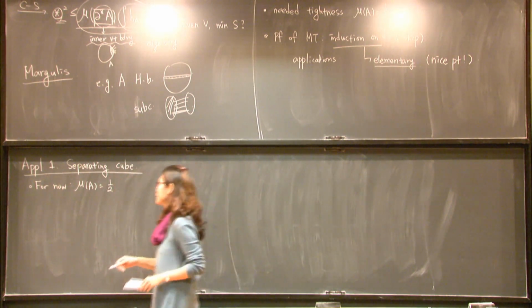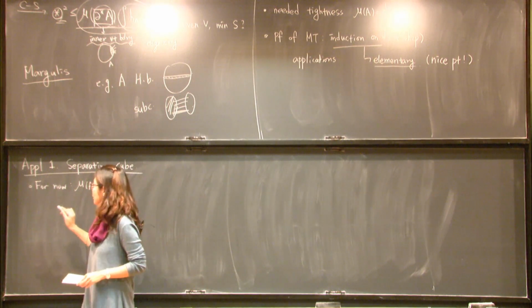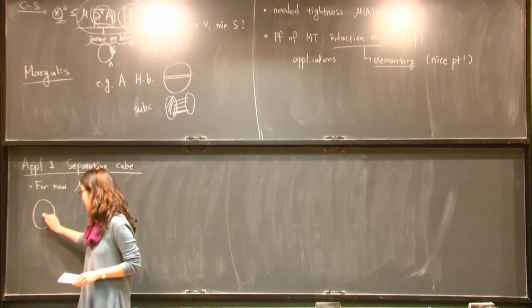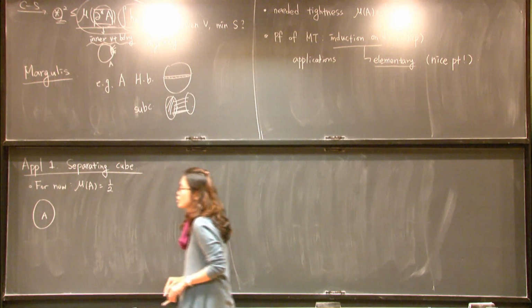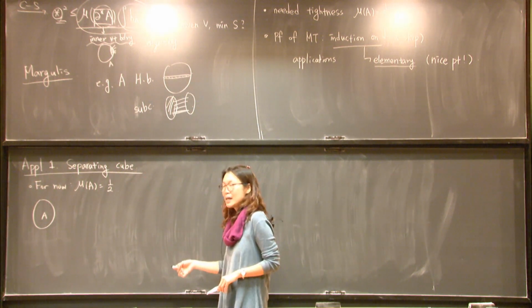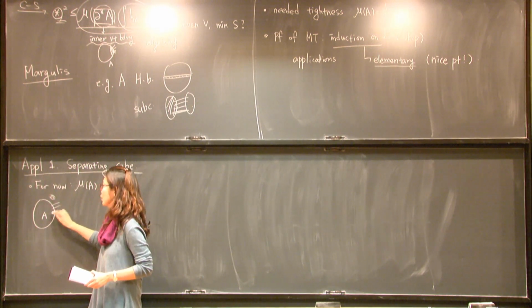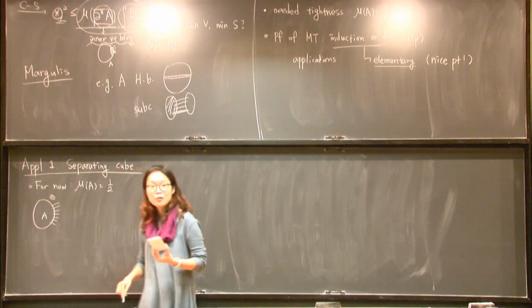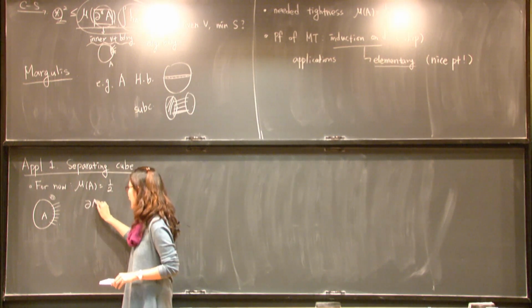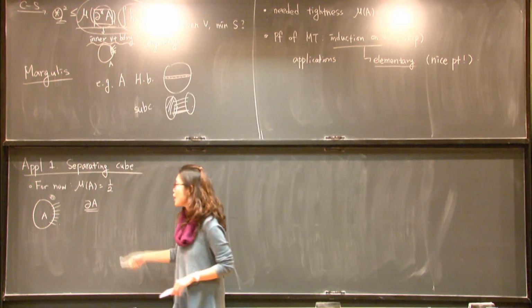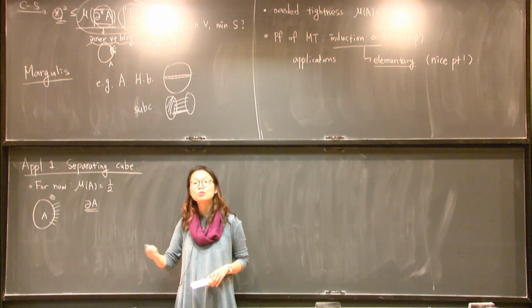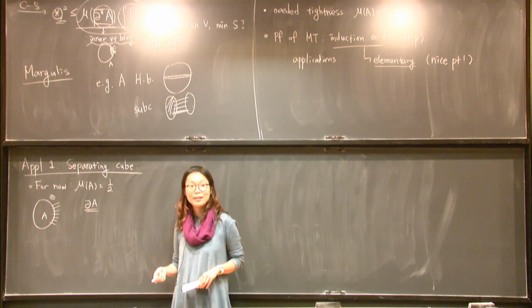Our goal is to separate, so given A, our goal is to isolate A by removing some vertices and some edges. For example, partial A is the set of vertices that we have to remove to isolate A, right?